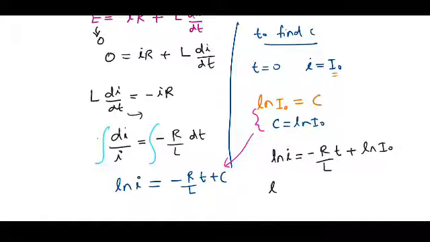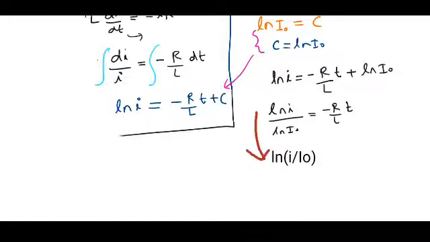If I bring the natural log I0 to the left hand side, this will be natural log of I by I0 is equal to minus R by L t. If I remove the natural log, this will be I by I0, and the right hand side will be e to the power minus R by L t.